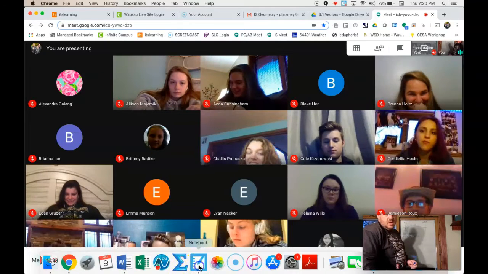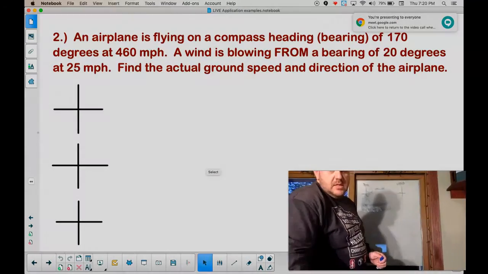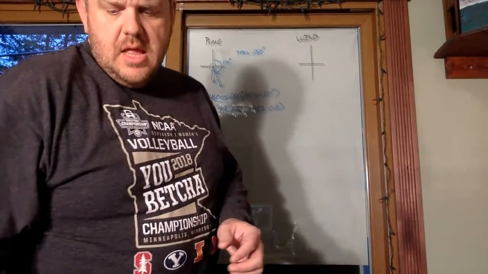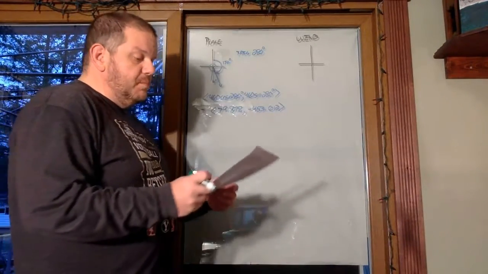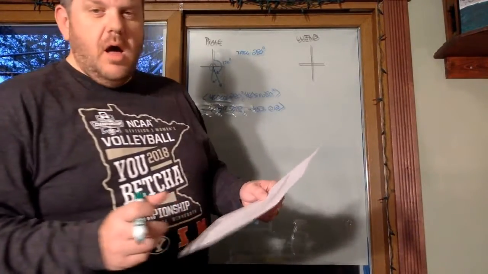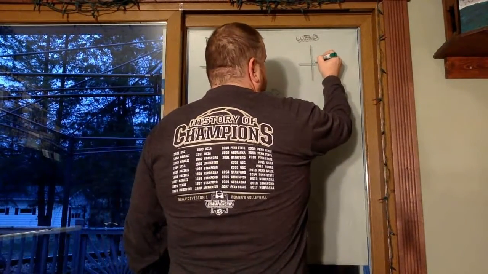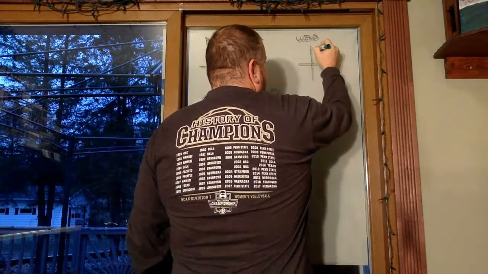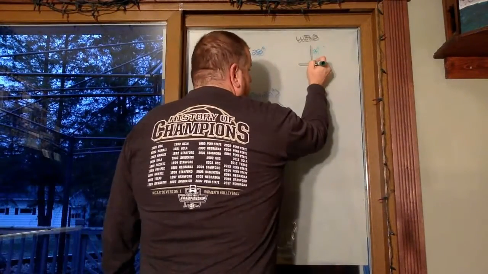Now we've got the wind. The wind, it said, was blowing from a bearing of 20 degrees. So a bearing of 20 degrees would have a 20-degree angle up there, but that's where it's blowing from.